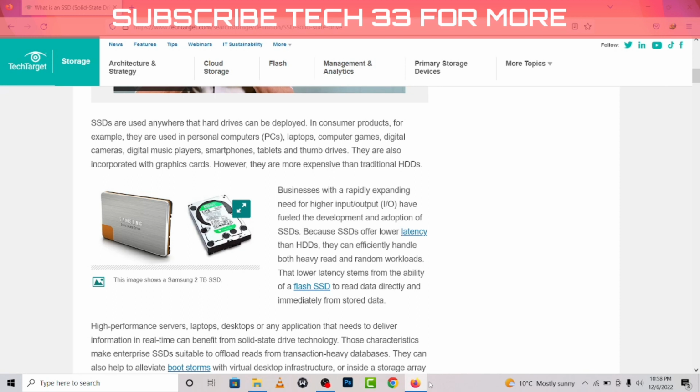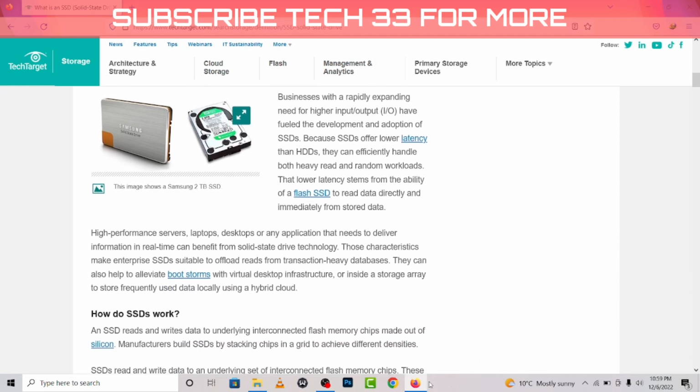Businesses with a rapidly expanding need for higher input-output have fueled the development and adoption of SSDs. Because SSDs offer lower latency than hard drives, they can efficiently handle both heavy read and random workloads. The lower latency stems from the ability of flash SSD to read data directly and immediately from stored data.